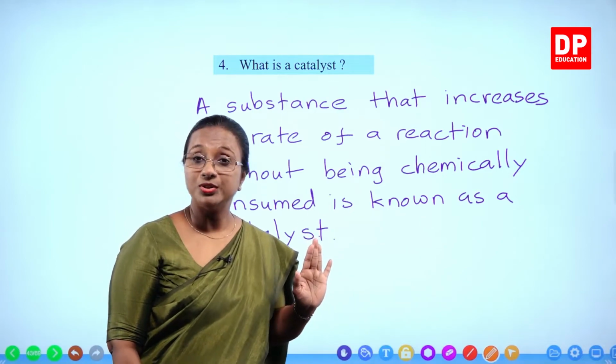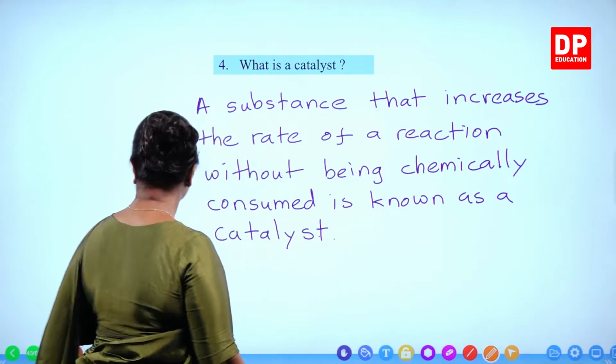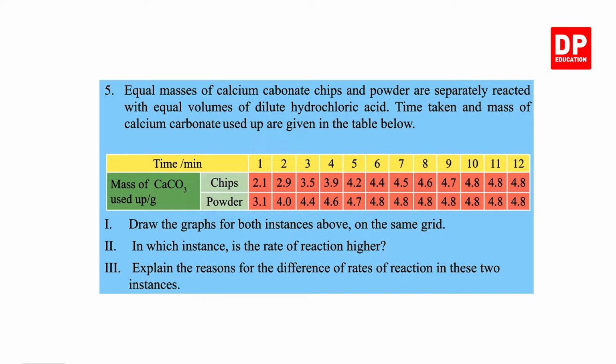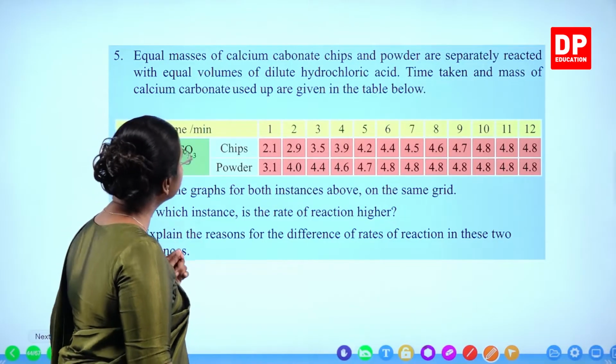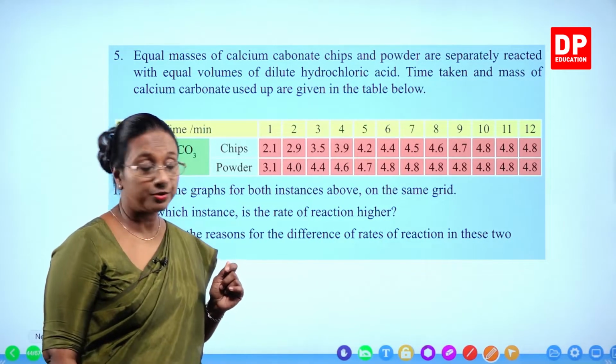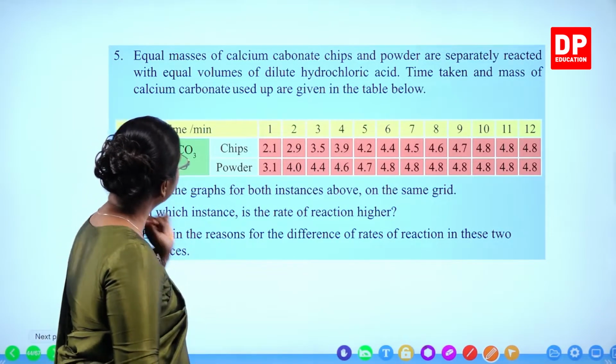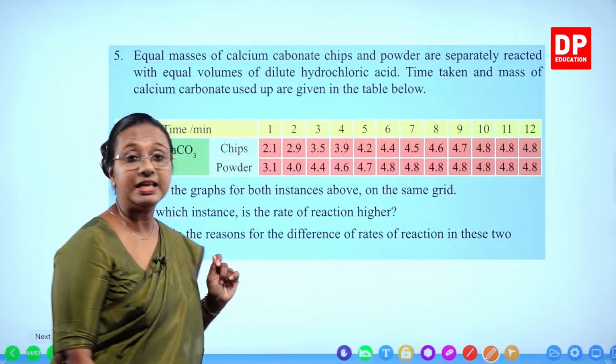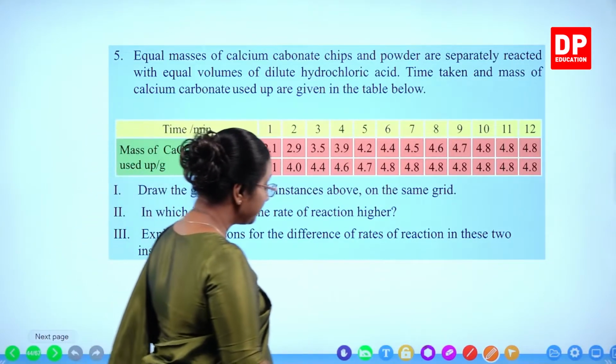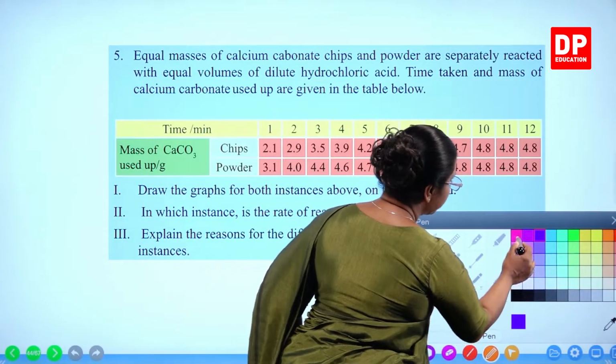Then I will move on to the next question. Question number 5. Equal masses of calcium carbonate chips and powder are separately reacted with equal volumes of dilute hydrochloric acid. Time taken and mass of calcium carbonate used up are given in the table below. We have observed this reaction before, students.